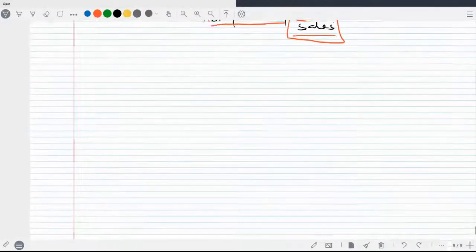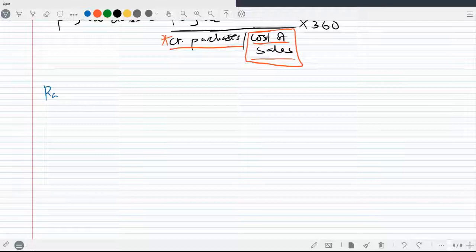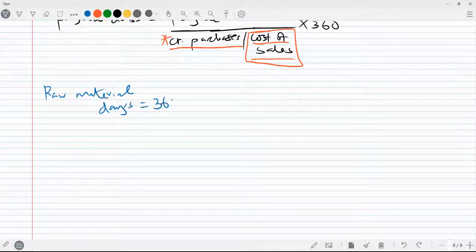Okay, so we need to get the days for raw material. We can begin by getting raw material days. We use 365 days. We multiply by the raw material investment, that is the amount of raw material the company has at that point in time, which is 108,000 pounds.